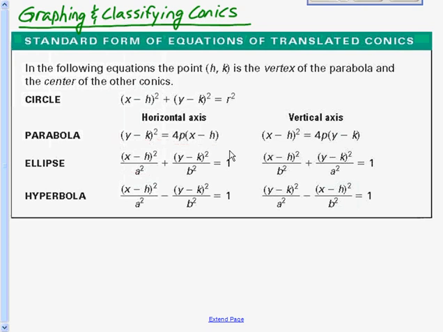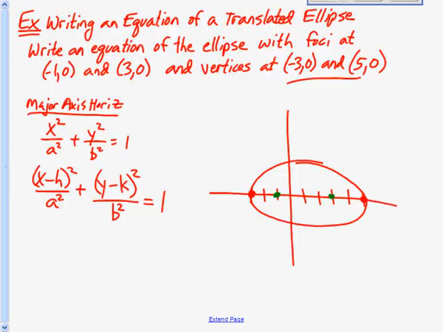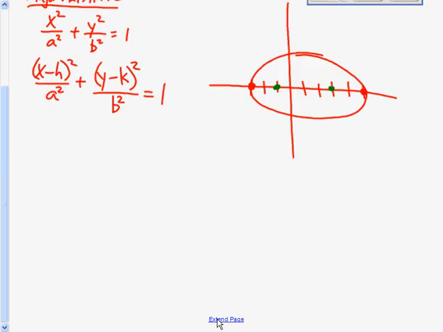All right, let me go back to the problem. So the question becomes, we need h, we need k, so we need the center of this thing, right? And then we need our a and we need our b. The center is going to be halfway between our foci, or halfway between our vertices.